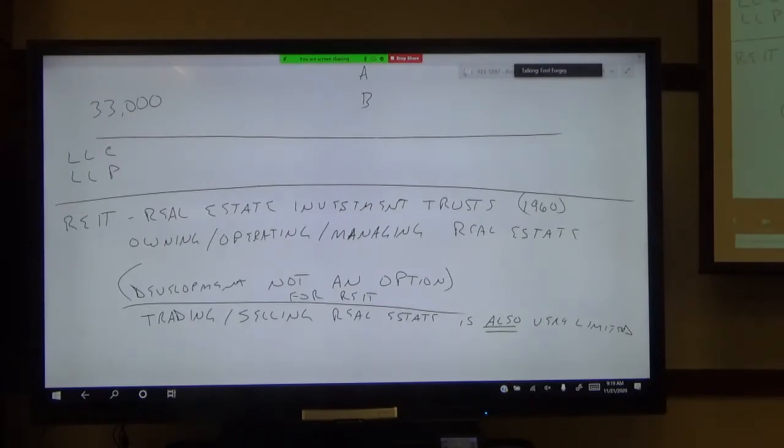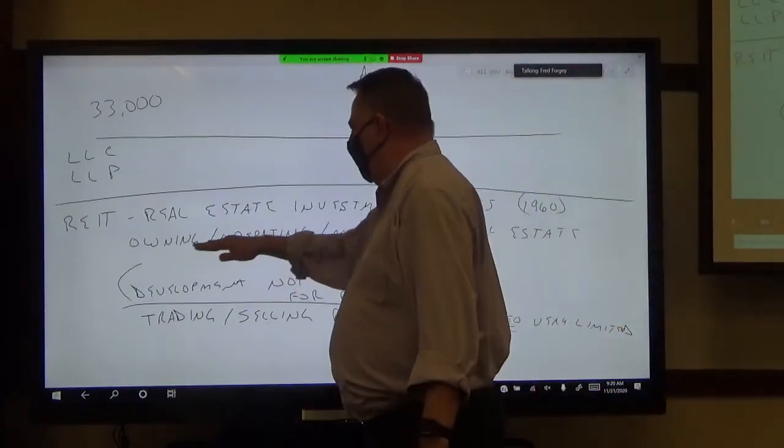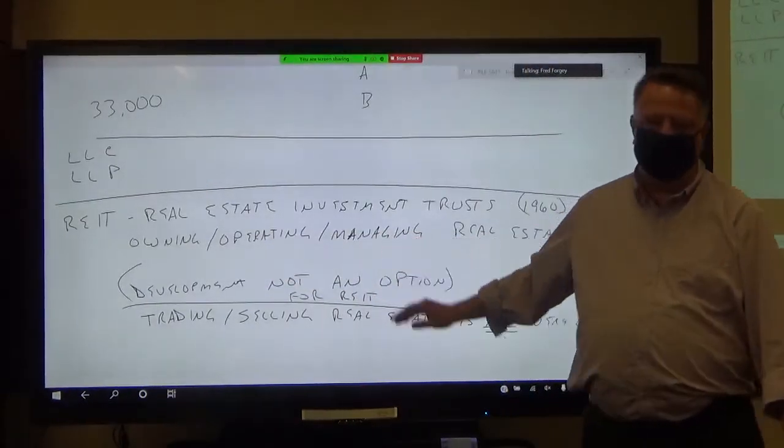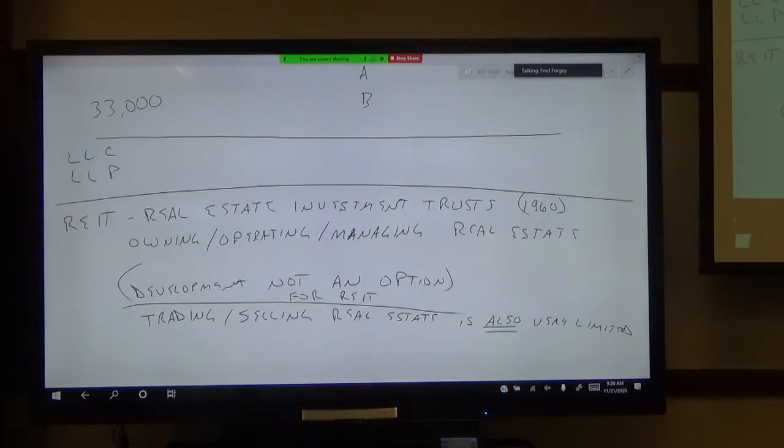Okay. If you're constantly trading and selling assets from that real estate investment trust, eventually, at their discretion, the IRS will say, hold on a second, you are not truly a REIT, because a REIT is only supposed to really be about owning, operating, and managing real estate, not involved in trading and selling.